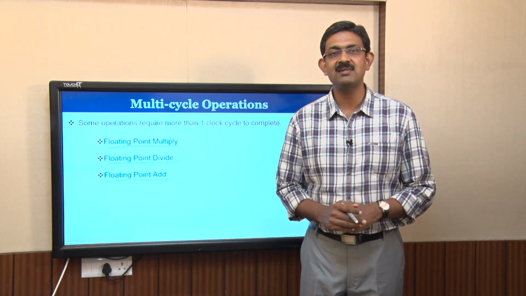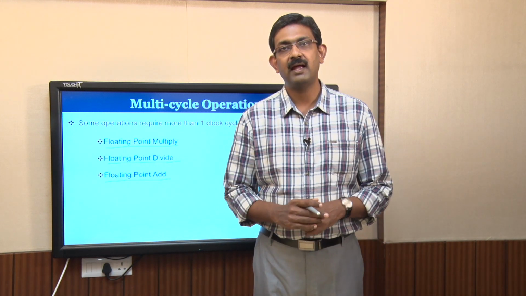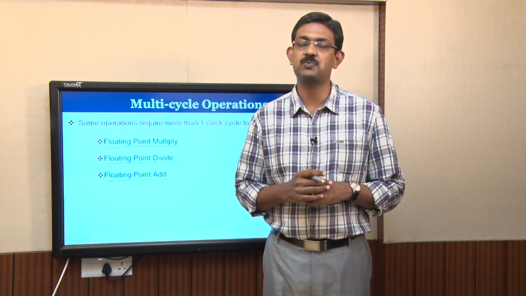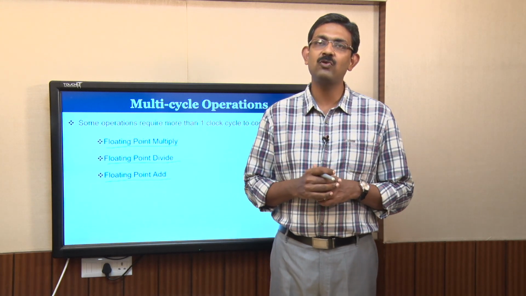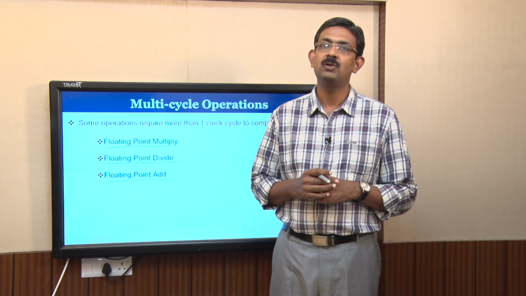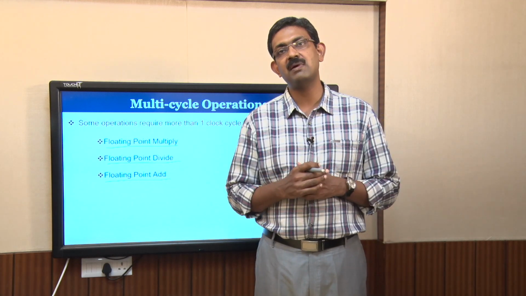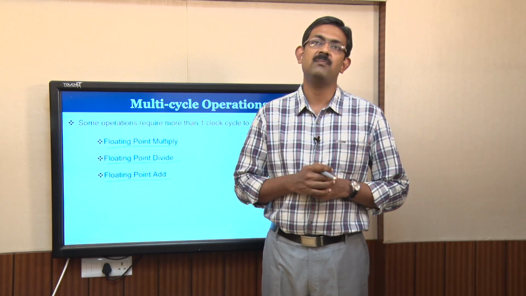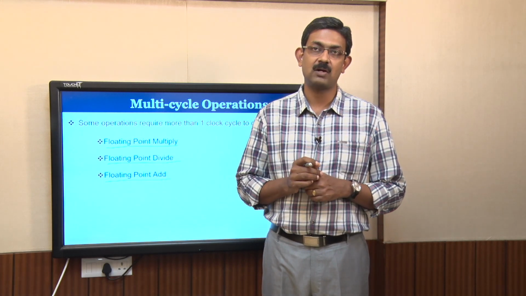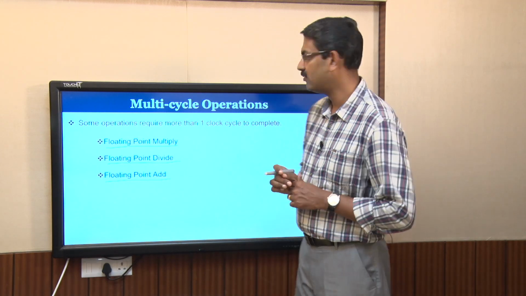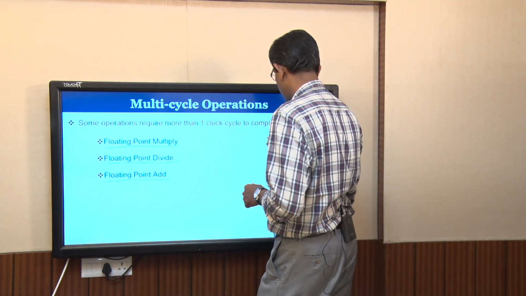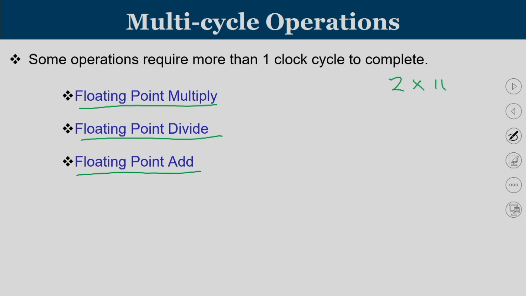We all know that floating point numbers are represented as a mantissa component and an exponent. In order to add two floating point numbers, first we have to perform some normalization, then we have to shift the mantissa accordingly such that the exponent portion remains the same. Once the exponent is the same, only then can we add the mantissa components. Let's say, for example, you have a number 2 into 10 to the power of minus 7 and another number 3.6 into 10 to the power of minus 10.